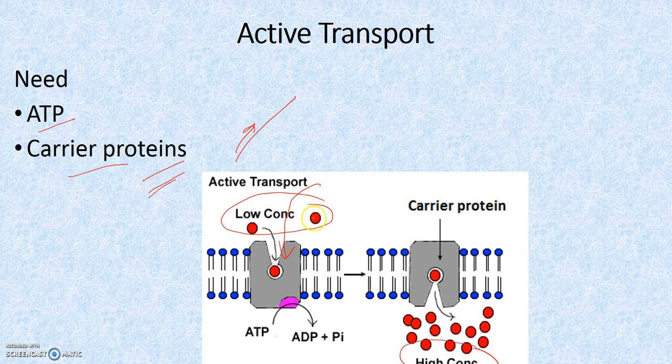Carrier proteins are very specific, bind to specific molecules, and change their own shape as they move the molecules into the cell or out of the cell. It really doesn't matter. So once again, to repeat, active transport needs ATP and carrier proteins, does not need a concentration gradient. It can go against the concentration gradient. We understand that, don't we?